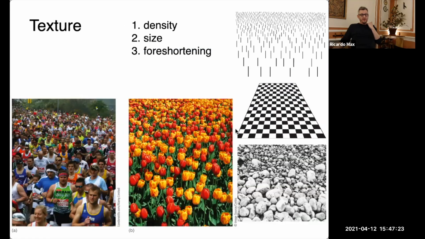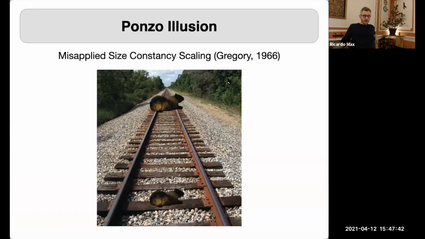Texture. So, for instance, when we have parallel lines, they are perceived as convergent towards the object. The same for sizes, density, etc. These are obvious things, right? The Ponzo illusion. Here we have familiarity against perspective.